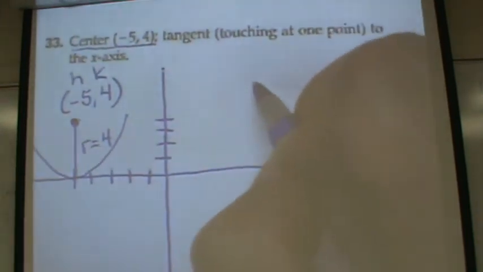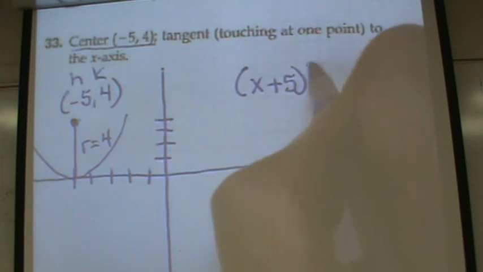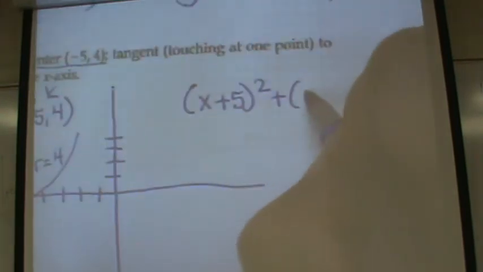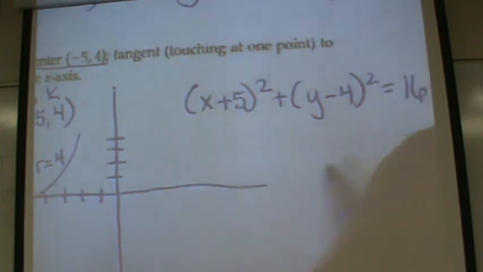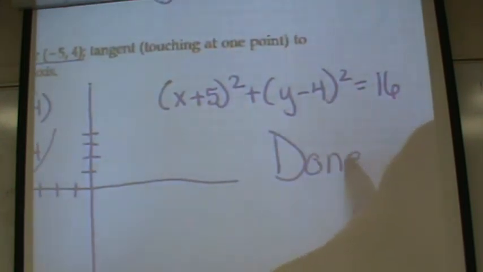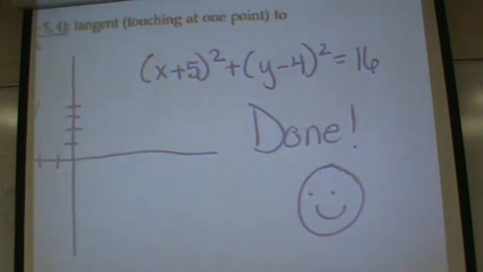So, what would be your equation? X plus 5 squared plus y minus 4 squared equals 16. Okay, do you guys understand this stuff? Yeah. Okay, good.